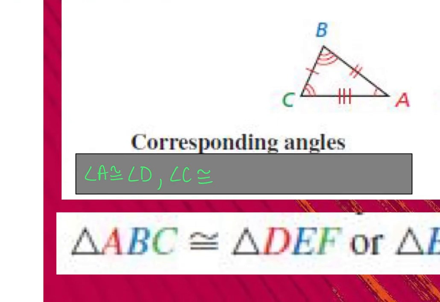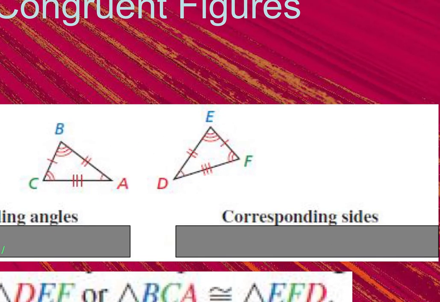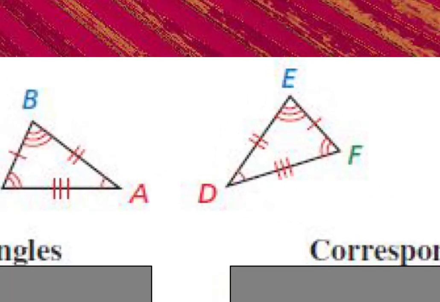We're going to say angle C is congruent to angle F. And the last part we're going to say angle B from the first triangle is congruent to angle E.